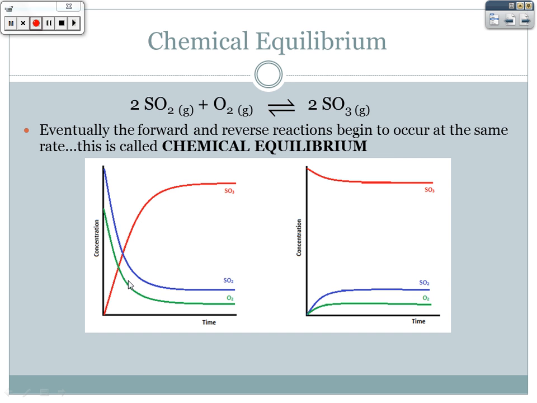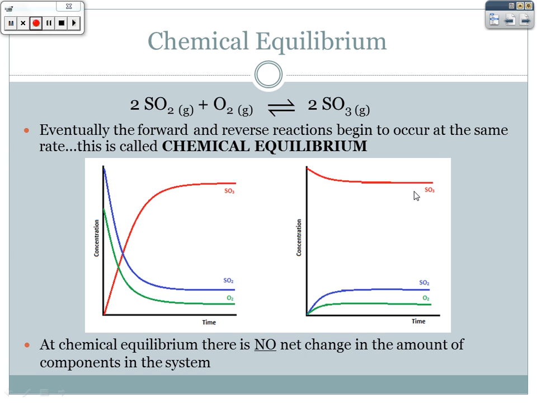So reactant concentration decreases as product concentration increases, and eventually it reaches this peak where it levels off and the concentration is not changing anymore. Alternately, we can start with some amount of sulfur trioxide and no sulfur dioxide and oxygen, and as the reaction goes in the reverse direction, it eventually levels off and we build up sulfur dioxide and oxygen as we get rid of the sulfur trioxide.